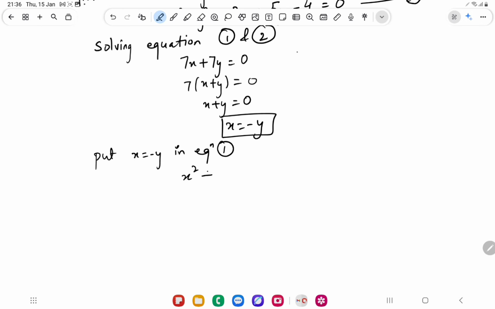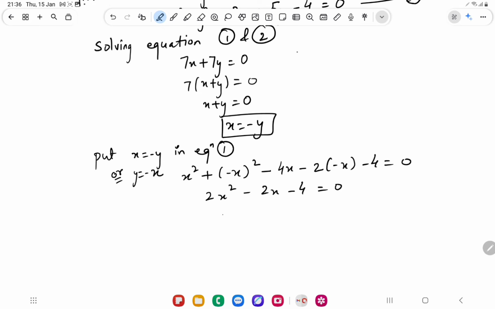Instead of y square, I can put x square, since y is equal to minus x also. So you can choose any one. I am replacing y. So 4x minus 2y minus 4 equals 0 gives me 2x square minus 2x minus 4 equals 0.